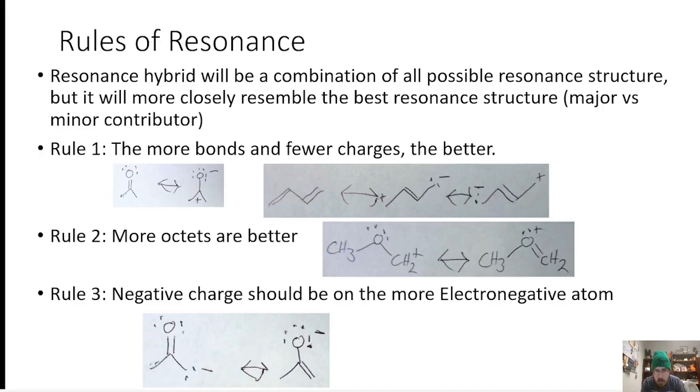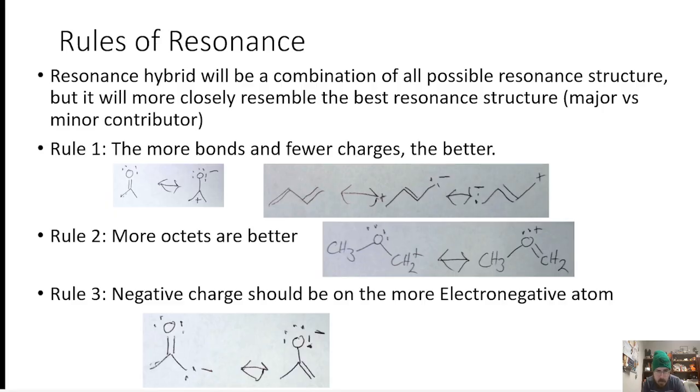So in the case of our methyl cation adjacent to the oxygen, it's better to form the double bond to the oxygen and give the oxygen a plus and keep the carbon with an octet.